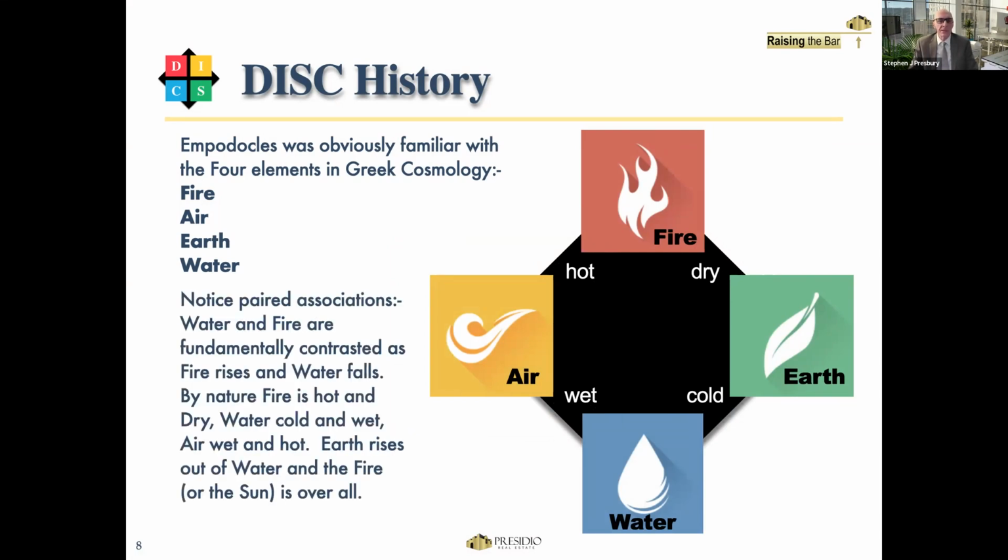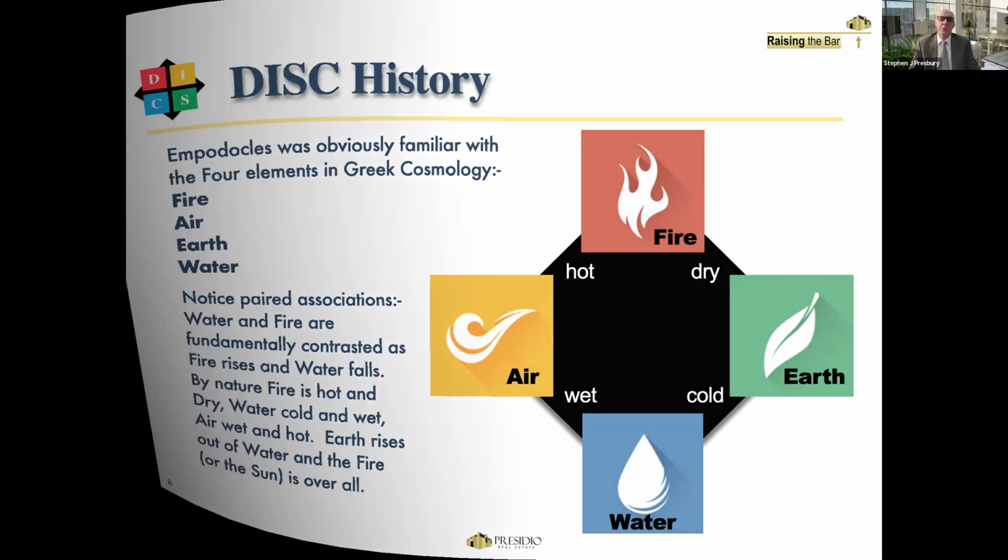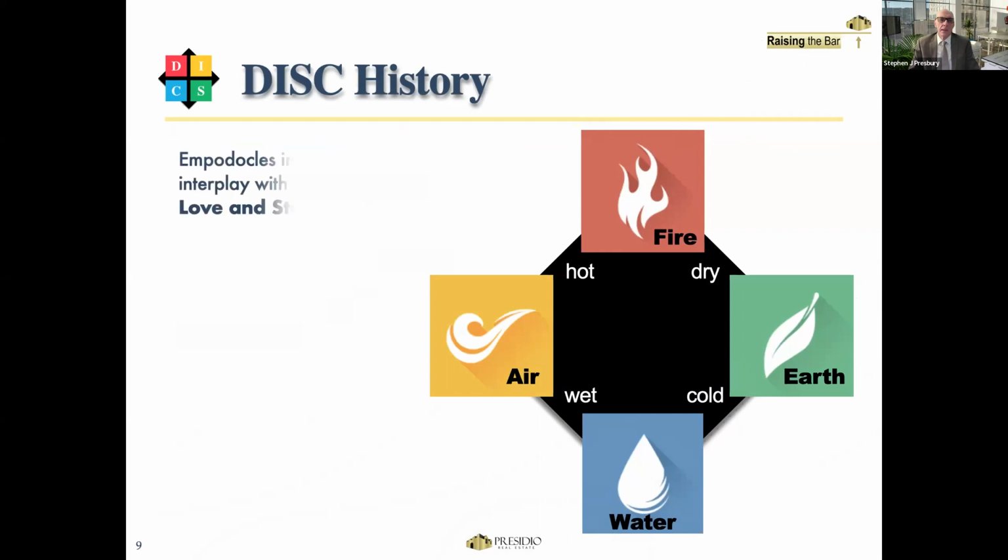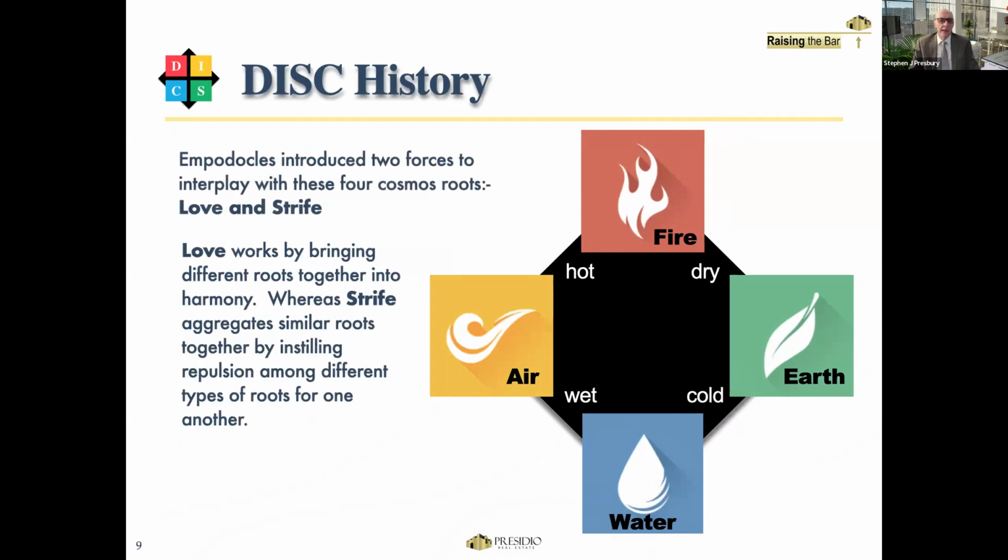He noticed that these associations of pairing showed that they were all connected with each other, with the earth rising out of water and the fire or the sun being over all. So that's where we started. He then added 2 other forces into this platform, which were love and strive. Love works by bringing different roots together in harmony, whereas strive aggregates similar roots together by instilling repulsion among different types of roots for one another.